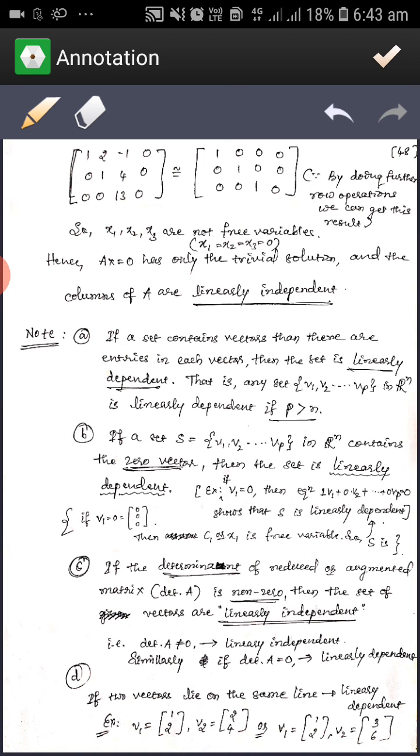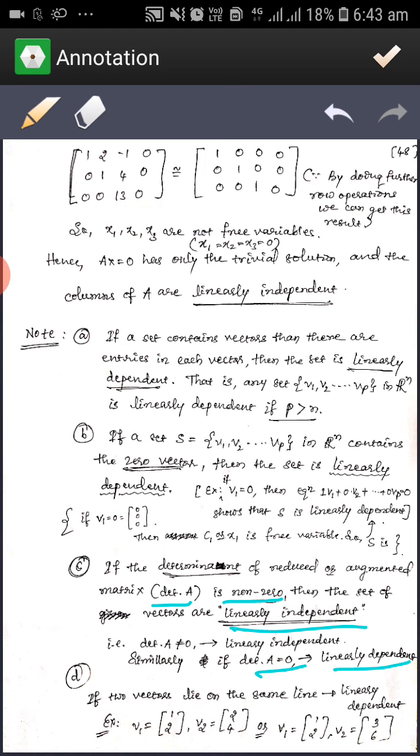Similarly, we can calculate the determinant of the reduced or augmented matrix. If the determinant of the matrix is non-zero, then we call it linearly independent. Similarly, if the determinant is 0, we call it linearly dependent.